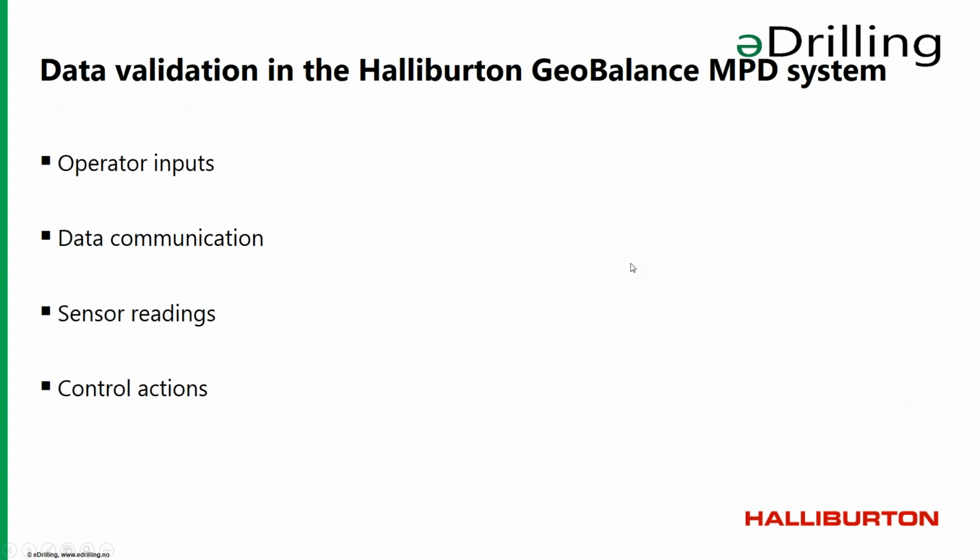The Halliburton MPD system has data validation built into the system. Data validation is very important as all the input that comes into the system is fed into the system automatically, and a new set point is then calculated every second. Without this data validation, the system could potentially calculate values based on wrong values.